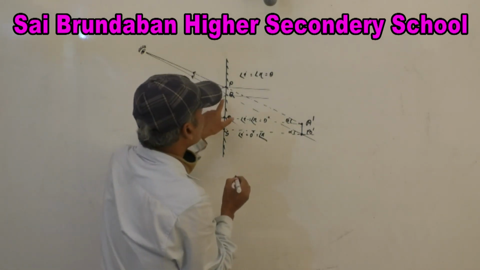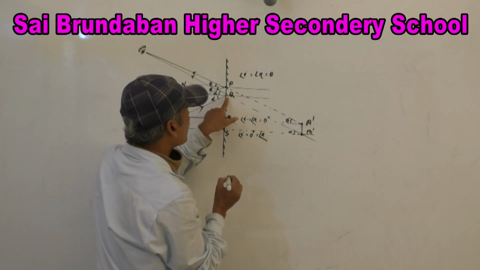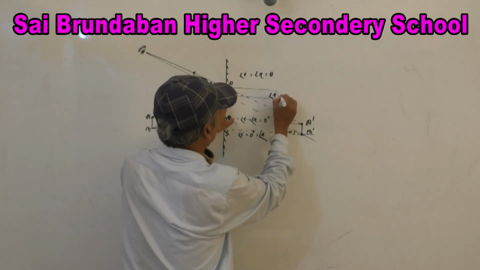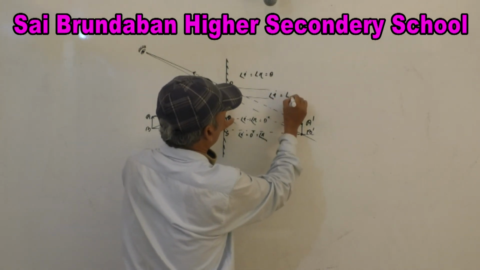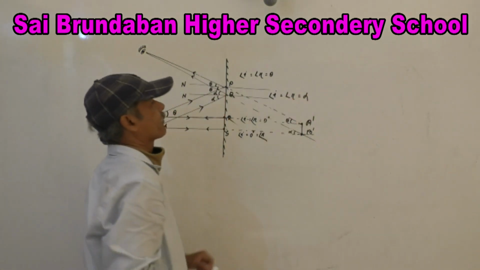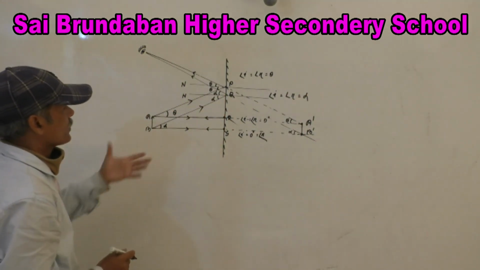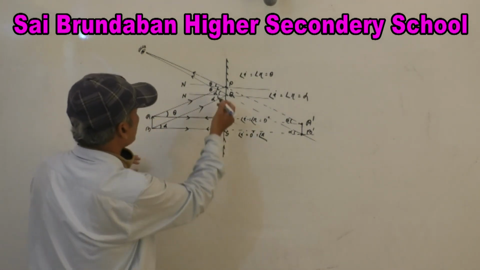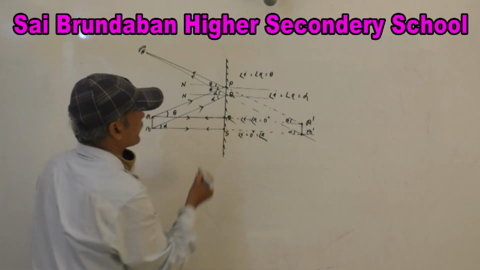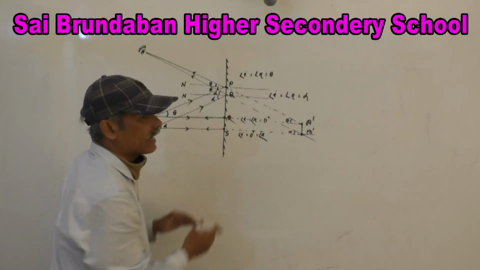Because at this point of incidence, angle of incidence is equal to angle of reflection is equal to alpha. So now you see, both the triangles are congruent.